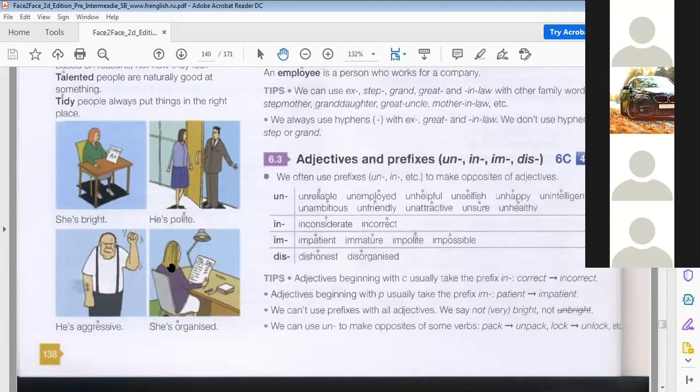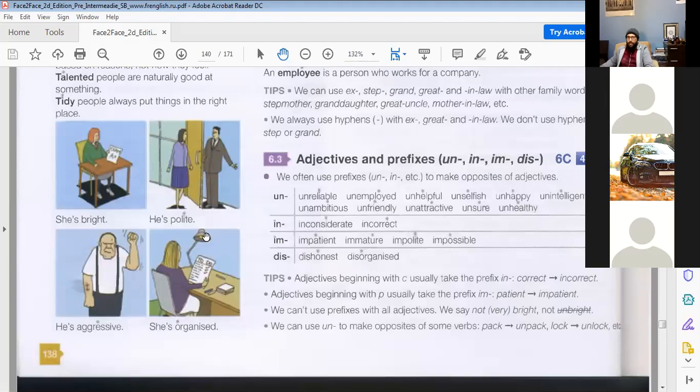Okay, so Sophia, you can do the first group for us, the one that starts with un. Can you read these adjectives for us? Yes: unreliable, unemployed, unhelpful, unselfish, unhappy, unintelligent, unambitious, unfriendly, unattractive, unsure, unhealthy. That's correct.